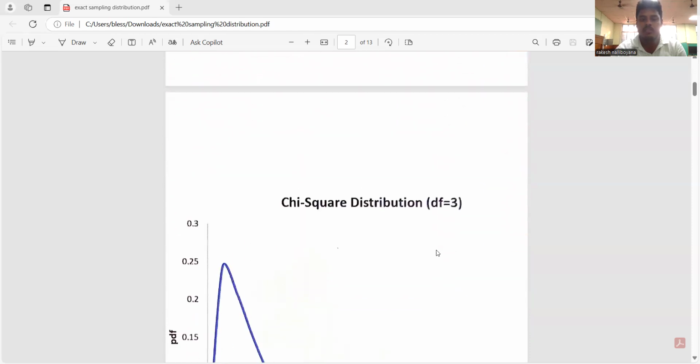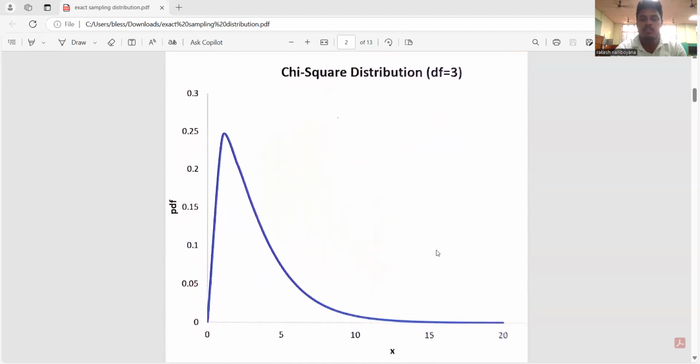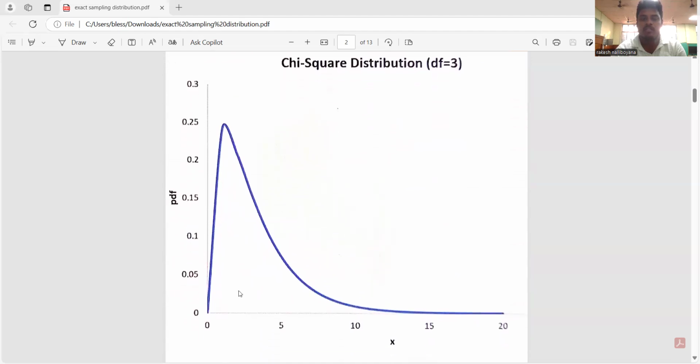The chi-square distribution graph looks like this. Observe the pattern: the graph is stretched more on one side, the right-hand side. This is because chi-square values are always positive, greater than 0.